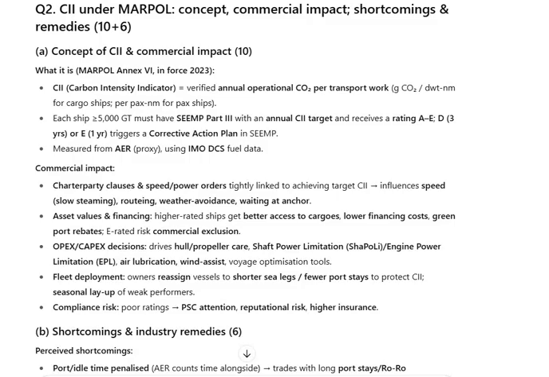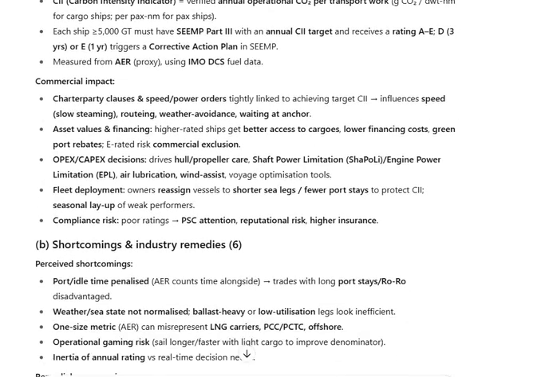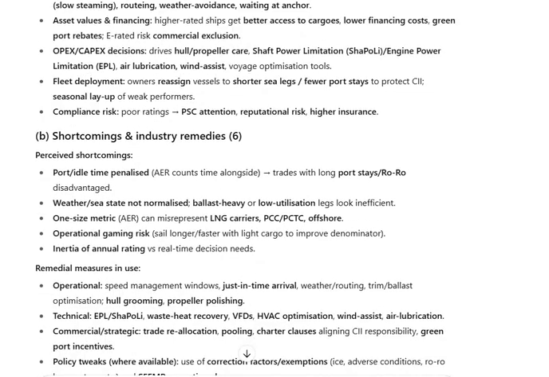OPEX and CAPEX decisions drive hull and propeller care, shaft power limitation, ShaPoLi, or engine power limitation, EPL, air lubrication, wind assist, and voyage optimization tools. Fleet deployment: owners reassign vessels to shorter legs and fewer port stays to protect CII, with seasonal layup of weak performers. Compliance: a poor rating draws PSC attention, reputational risk, and higher insurance.